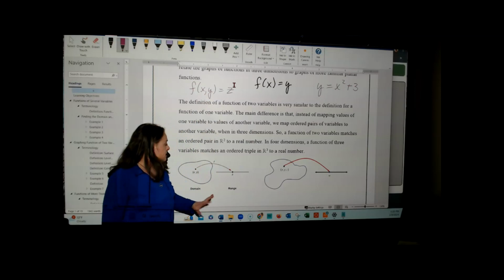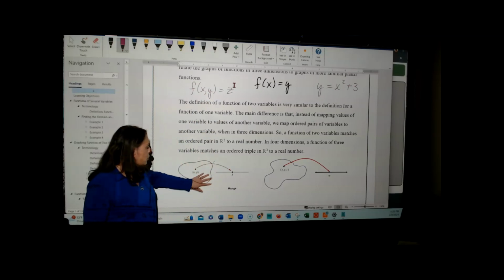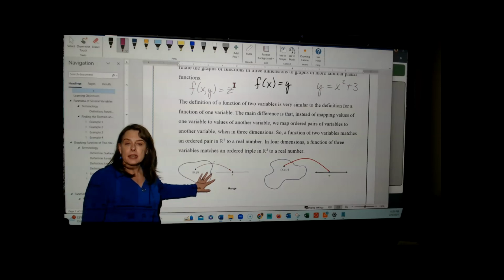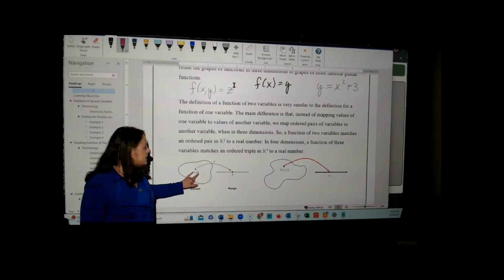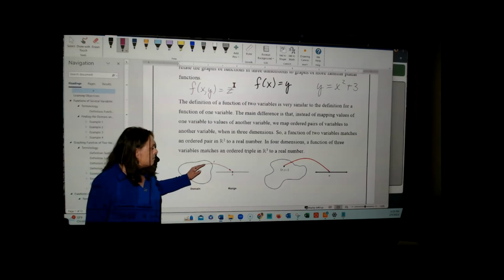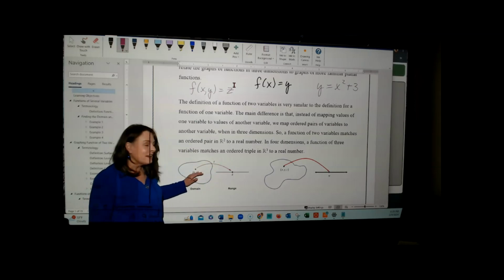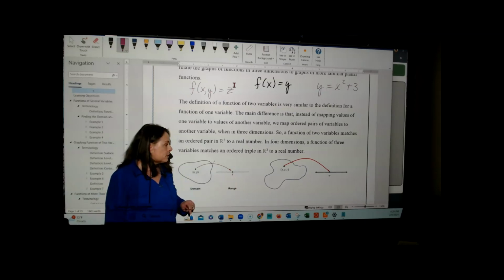As you can see on the image on the left, the domain consists of some subset of the 2-dimensional space, the xy plane. In other words, all of R2. And we take an ordered pair, an x value and a y value, from the domain, and we map it by means of this red arrow to a single real value in the range, which is z, the dependent variable.